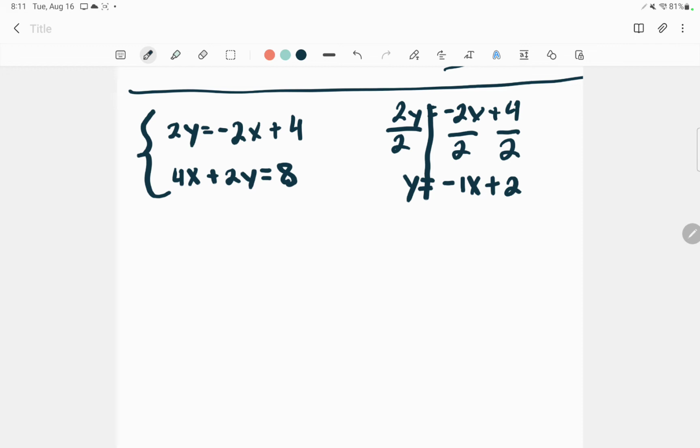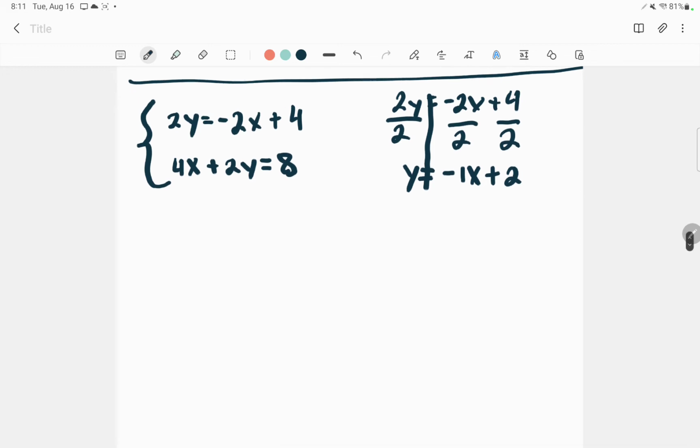Now, the second equation, you're going to notice that there's a lot of stuff going on, right? I would have to change it. And there's a different way that you could do it. Either you can plug in this whole thing, and I'm going to show you what I mean. So let me highlight it first.